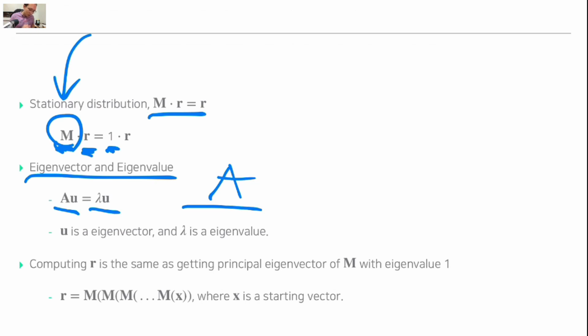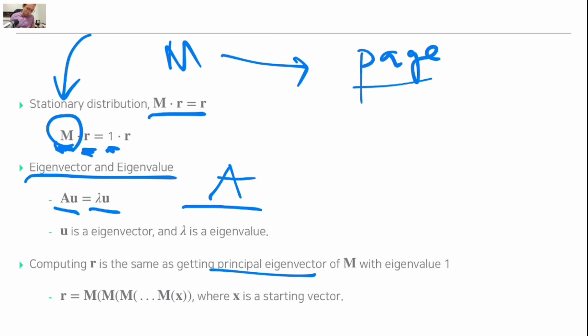We just compute the principal eigenvector. That is the same as the PageRank score. So that is how to estimate, how to get the eigenvector, the PageRank score.